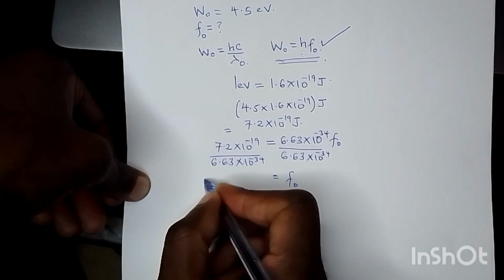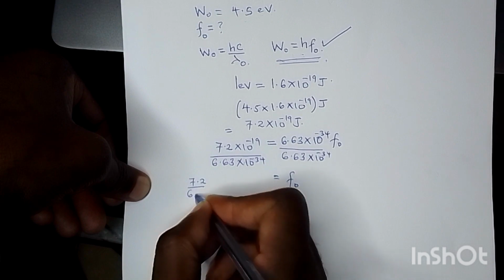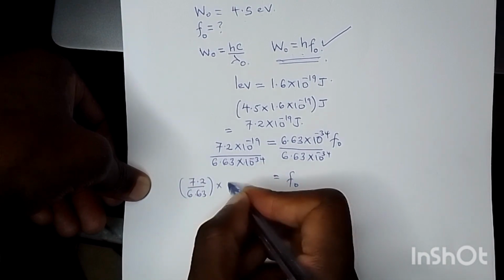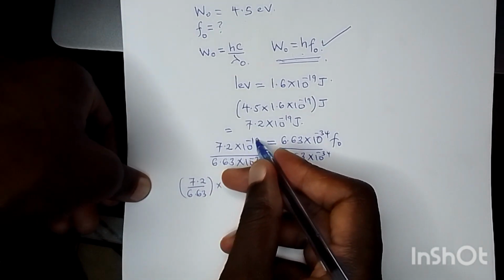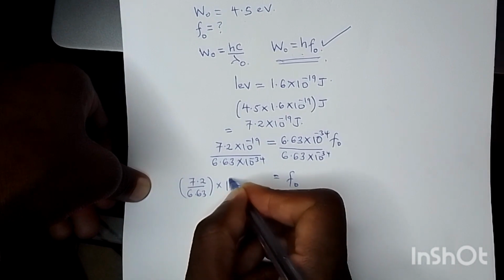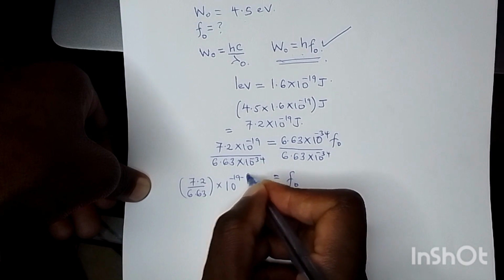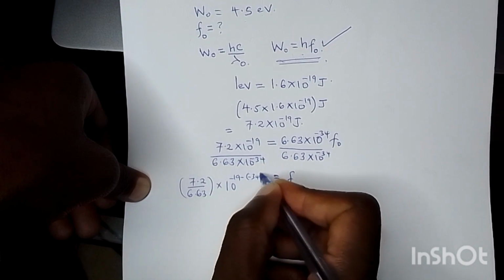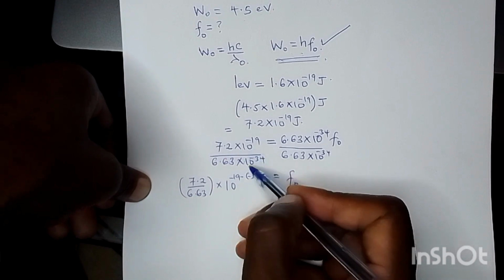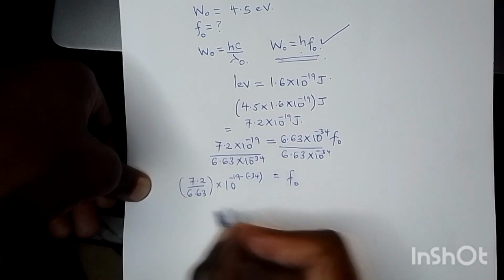On this other side, I'll have 7.2 divided by 6.63. So I have 10 power negative 19 over 10 power negative 34. This becomes 10 power negative 19 minus negative 34. When dividing numbers of the same base, you simply subtract their powers.